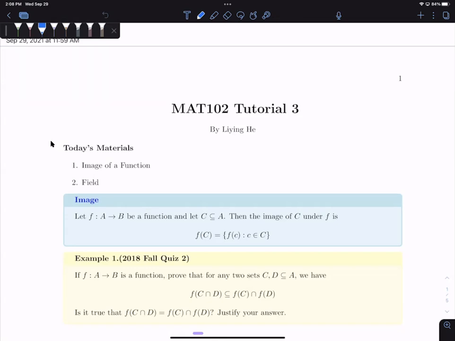Quiz average. I'll put it in the chat. It's this much. Quiz average, and over this many students submitted, this many got 100%.